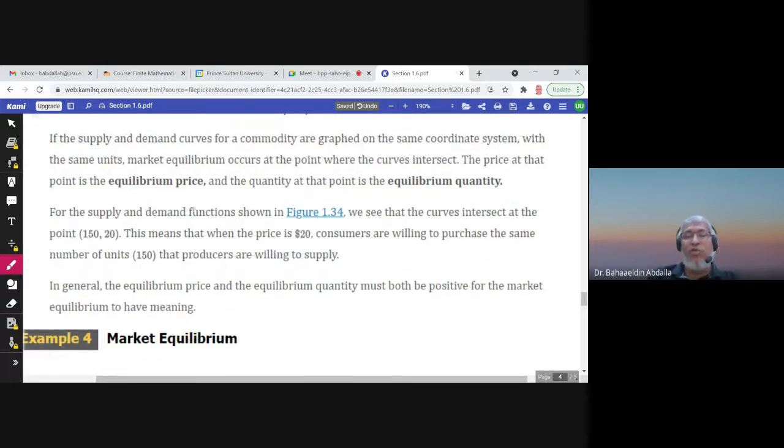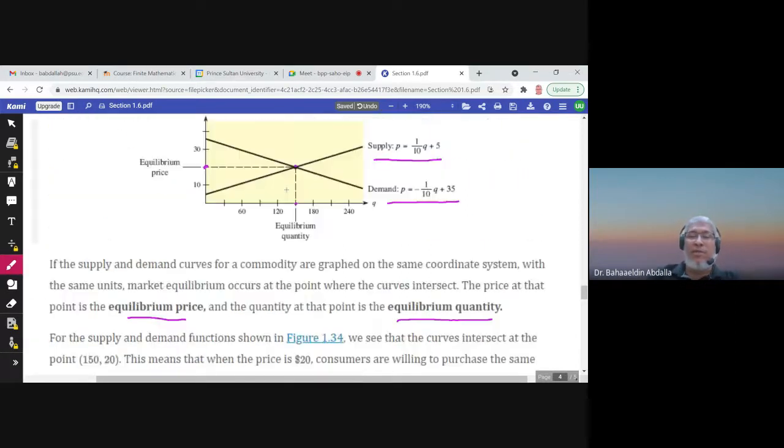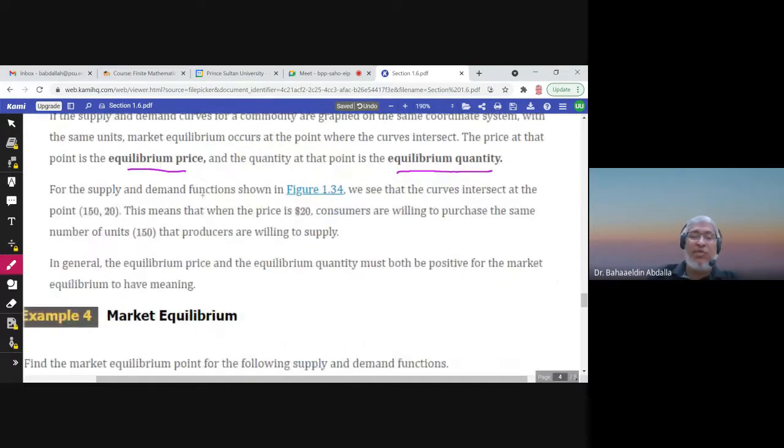So you should know the equilibrium price, the equilibrium quantity, and the equilibrium point. Both make the equilibrium point. For this example, 150 and 20 is the equilibrium point, where the equilibrium price is 20 and the equilibrium quantity is 150.